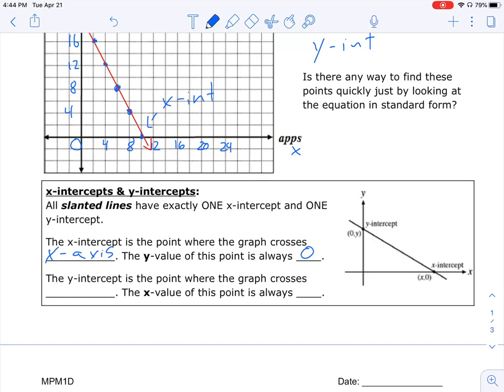The y-intercept is the point where the graph crosses the y-axis. The x value of this is always 0. Again, where the line crosses the y-axis, the x value is 0. There's no x value, but there is a y value.